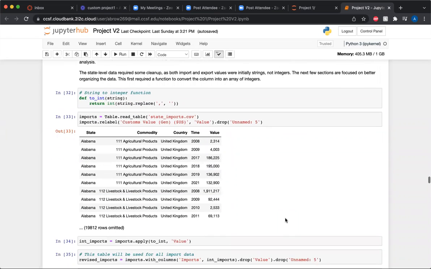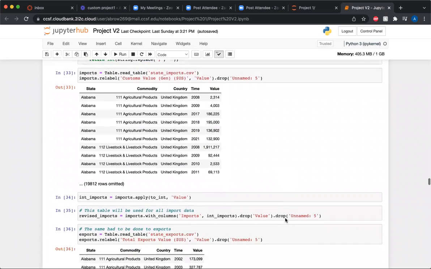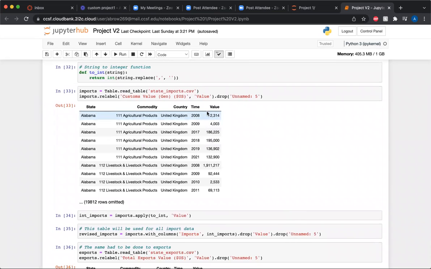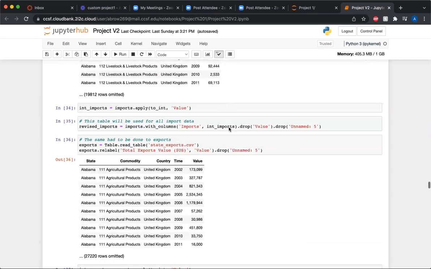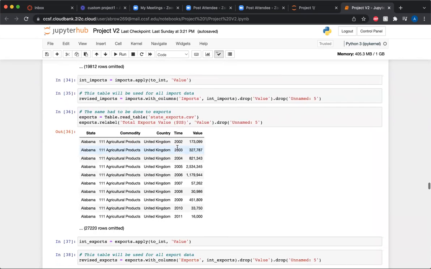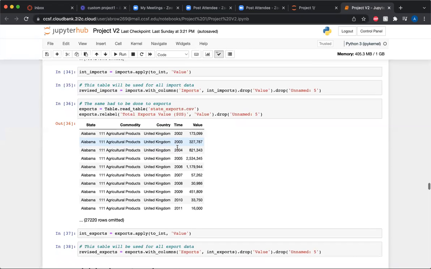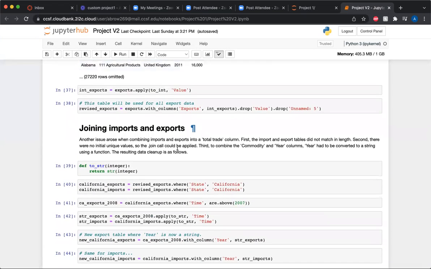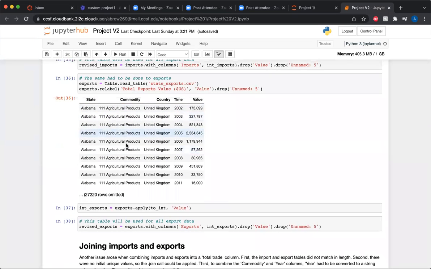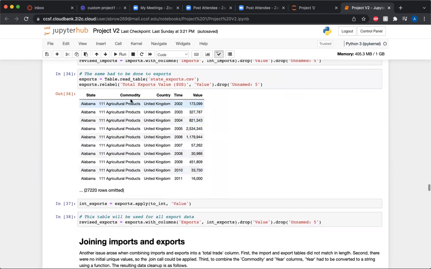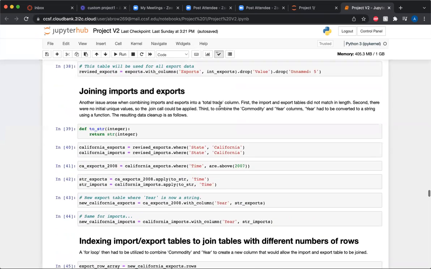Anyways, so this was kind of challenging data to work with. There were some columns that were strings that needed to be integers, and then the import and export table were two separate tables, and I needed to combine the import and export values, but that proved really challenging when joining those tables because none of these values were unique, so they couldn't be joined. So I looked to concatenate commodity and time to create a unique column of values, but that proved to be really challenging.